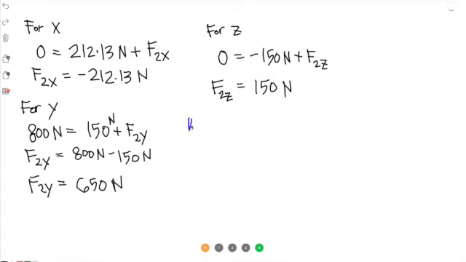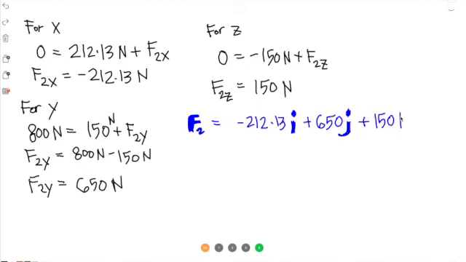Force 2 is negative 212 i plus 650 j plus 150 k. So now this is our Cartesian vector form.